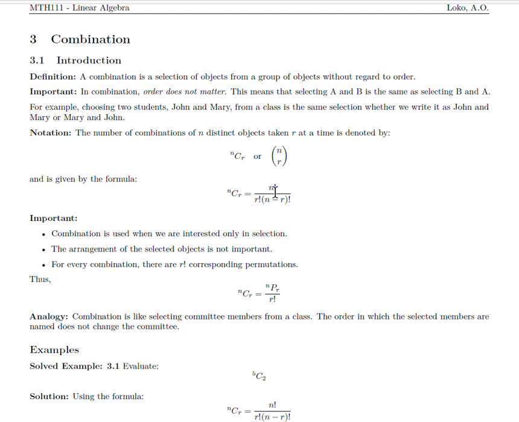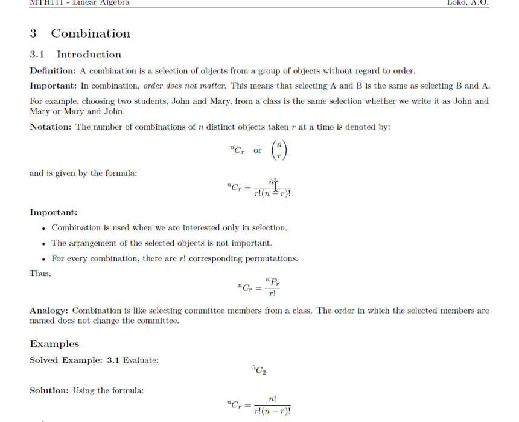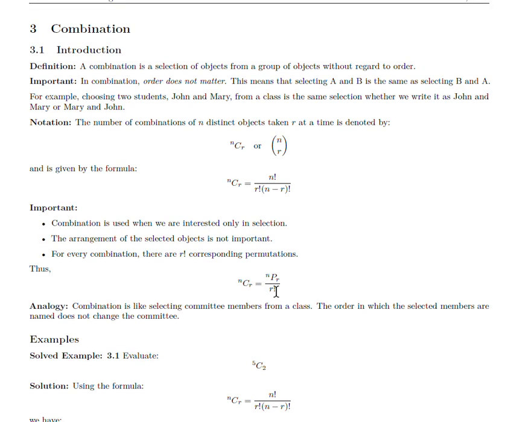And the formula is simply n factorial over R factorial into n minus R factorial. You notice from this formula that nCR is simply the same as dividing nPR by R factorial.